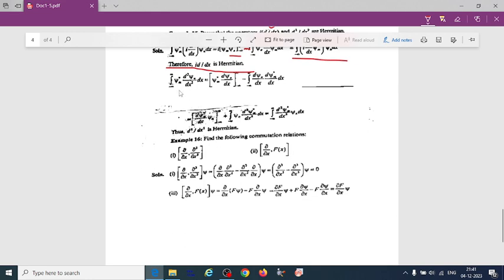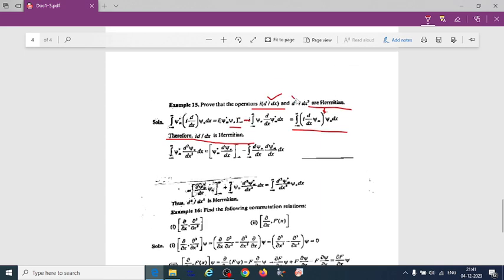So the next, the second term, that is dou square by dou x square. Like for the first term, you have to write it in terms of the Schrodinger representation. Then the first condition is psi m star dou psi n by dou x from minus infinity to plus infinity.